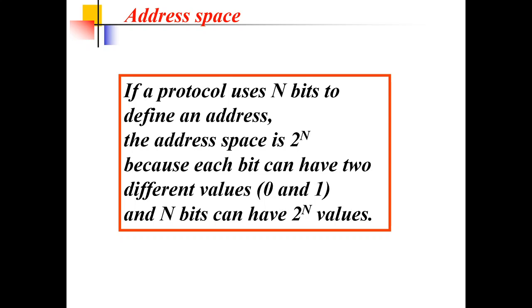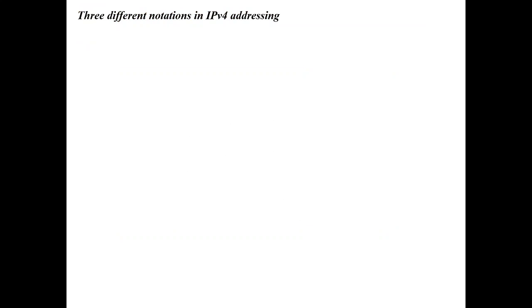In case of IP version 4, the number of address bits is 32. So address space is 2 raised to 32. So address space for IP version 4 is more than 4 billion addresses.